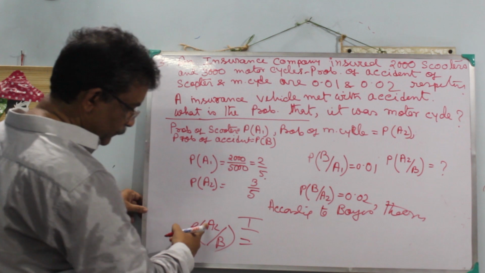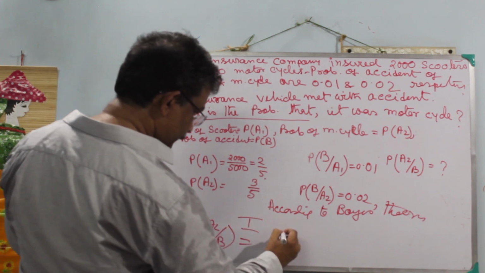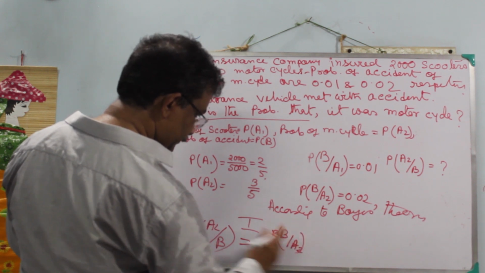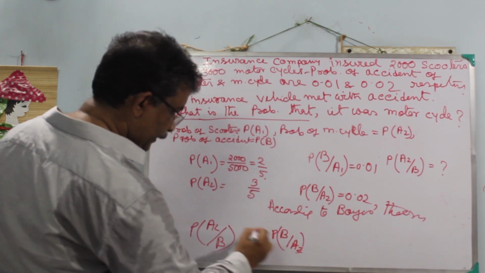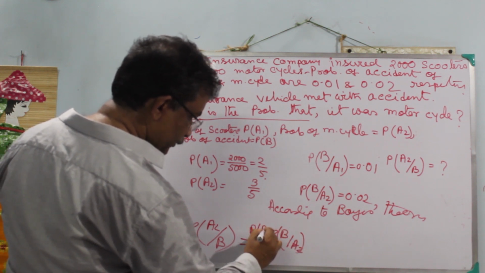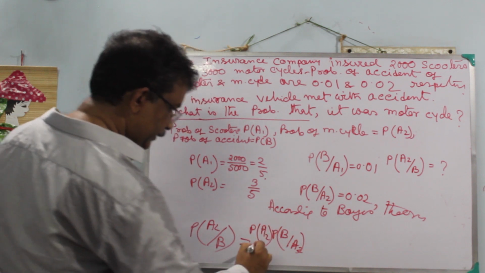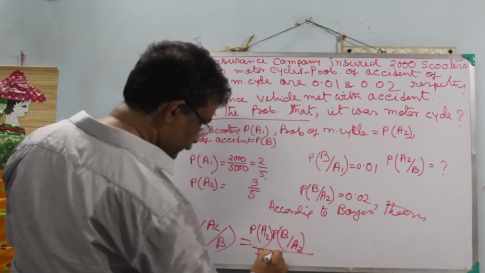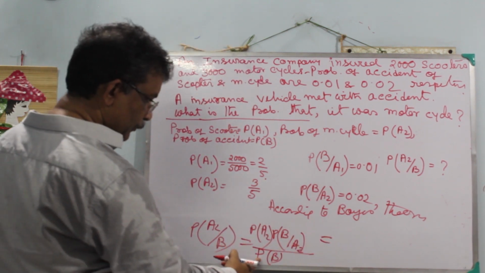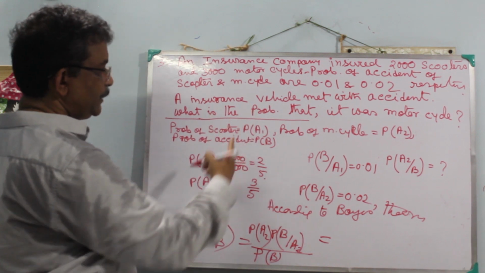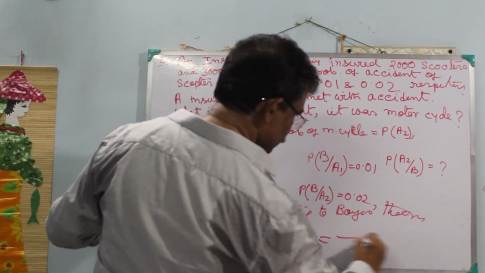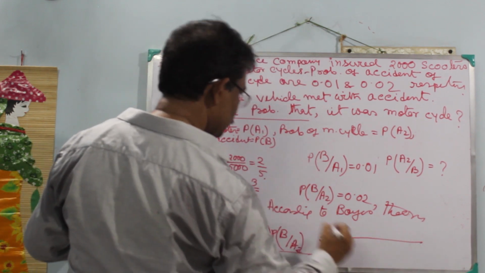That is how, first flip this, probability of B by A2, and multiply it by probability of A2, divided by probability of B. So you see, probability of B means the vehicle met with an accident. This into this plus this into this.